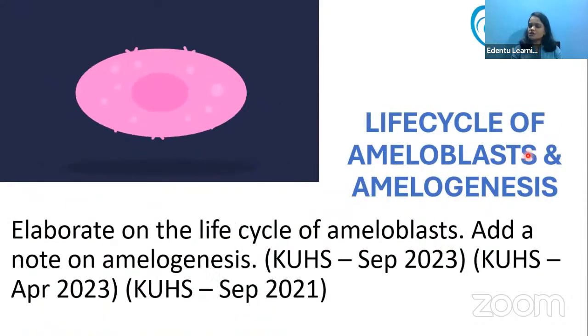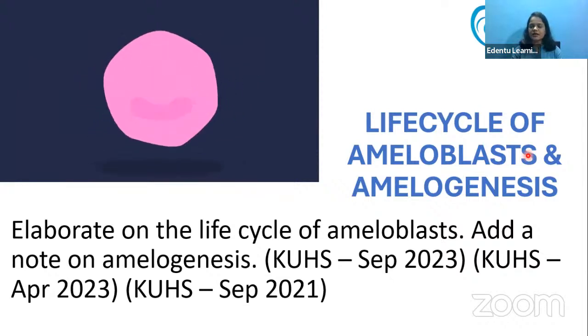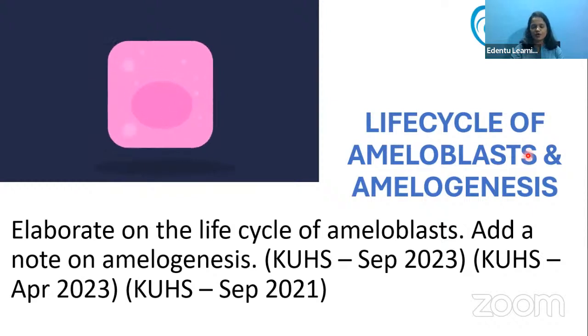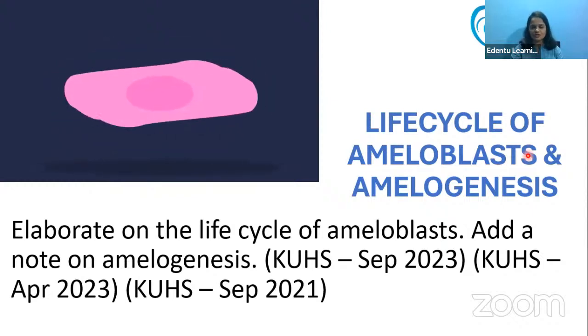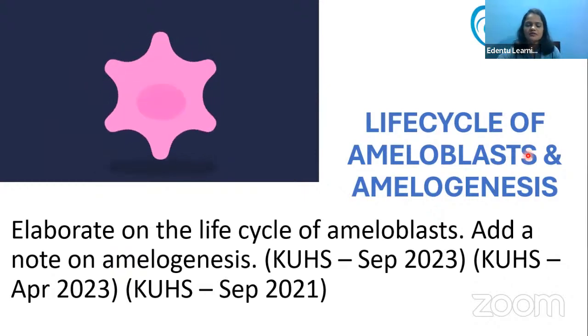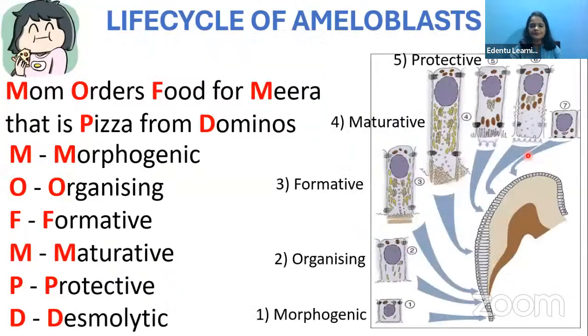Now, the next commonly asked and very important question is the life cycle of the ameloblast, with an added note on amelogenesis. If you look at the life cycle of the ameloblast, it is divided into 6 stages. There is an easy way to remember it.